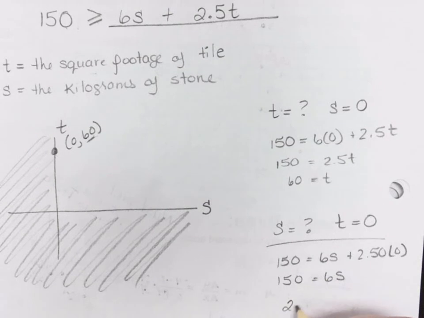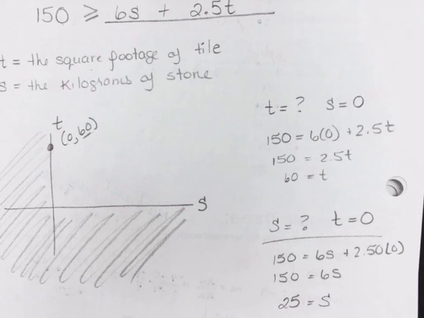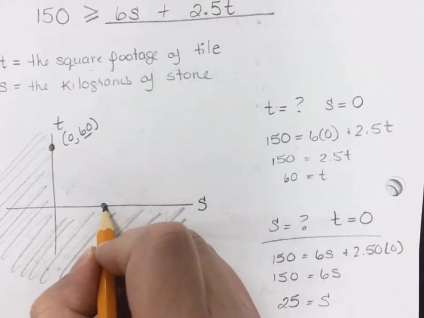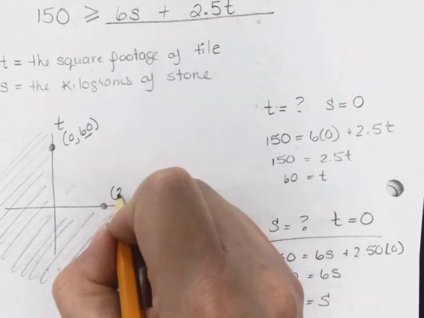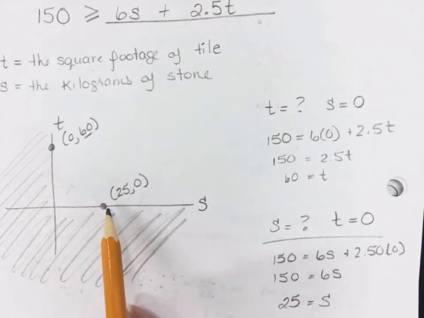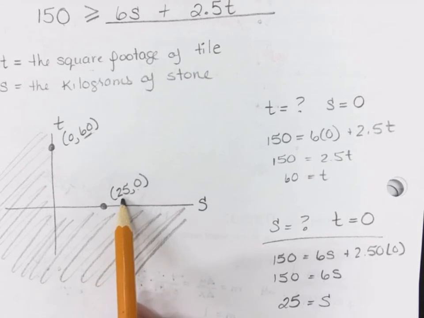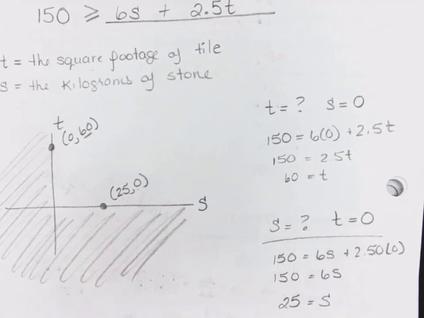And that's going to be 25 equals s, I was going to write t, but that's not my variable. So here, this is going to be 25 and 0. So what does this point represent? How much tile do I have? Nothing. I have no tile. So this means I can have 25 kilograms of stone if I was just doing the mosaic with stone.